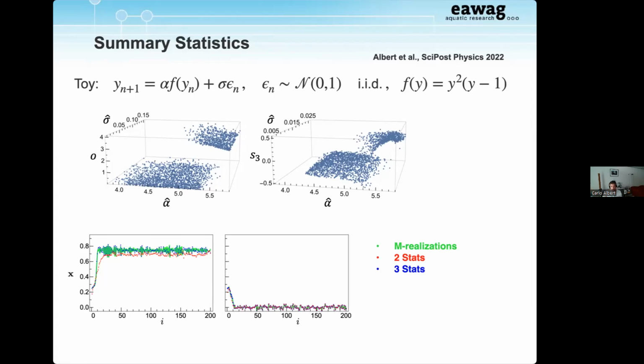We try several of these, then we ran our ABC and monitored how small the distance is in ABC, so how close to the truth we got. We often see an optimum: if you have too few statistics, it's not so good; if you have too many statistics, it's also not so good, and we have a sweet spot somewhere in the middle, which we then deem to be a good number of summary statistics.